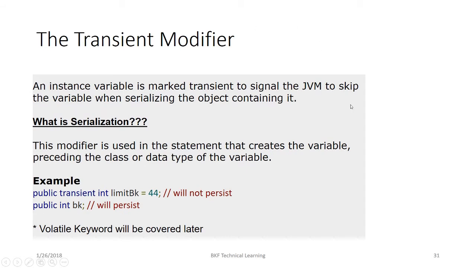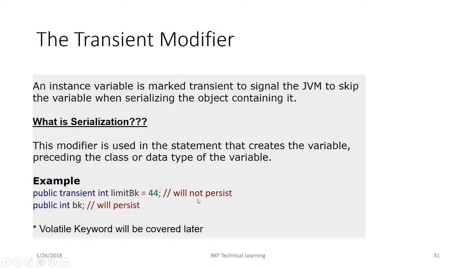Okay, the transient modifier. An instance variable is marked transient to signal the JVM to skip the variable when serializing the object containing it. Now we have not yet covered what is serialization. So this particular topic we are going to cover in the upcoming episodes. So stay tuned. As of now, you can make a note that this modifier is used in the statement that creates the variable, preceding the class or data type variable. So if I have used this transient keyword, this variable will not persist.